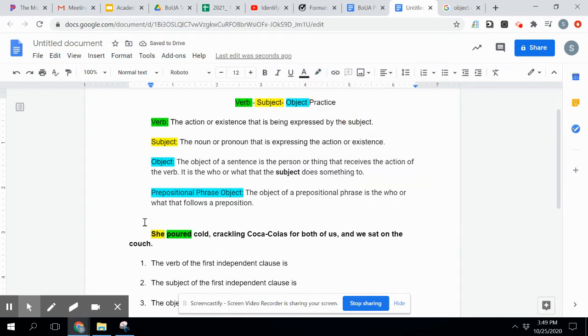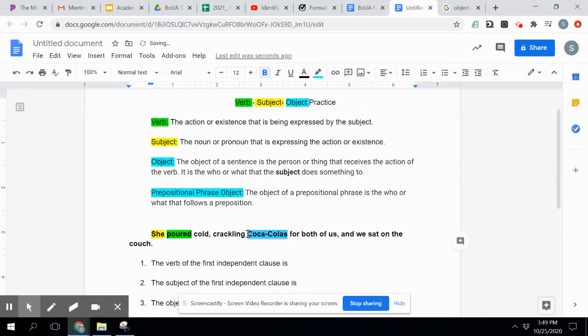So then it gets a little trickier. We need to figure out the who or what that is receiving the action pour. I know it's not cold and I know it's not crackling because both those two words are adjectives that are helping to describe the sodas. So sodas in this situation are what is receiving the action pour.